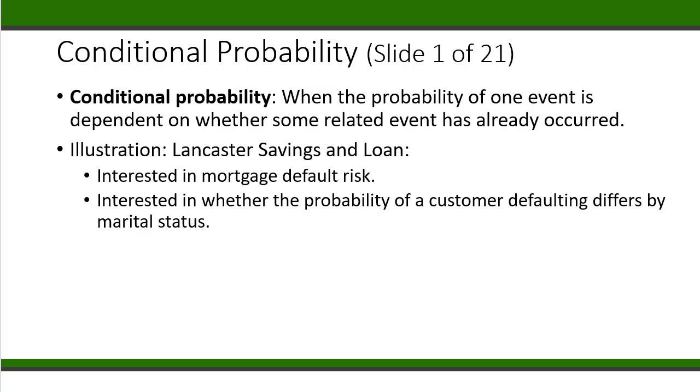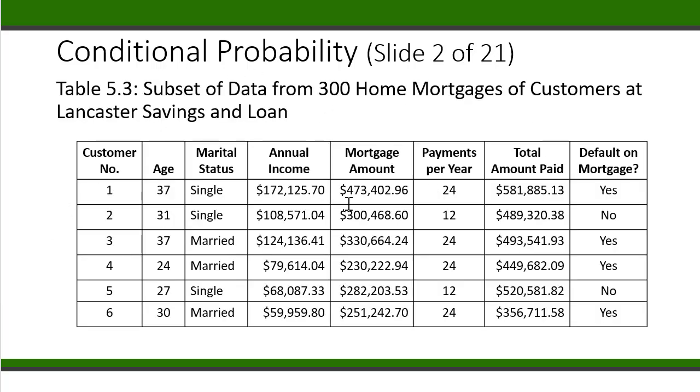The data file is called mortgage default data, and I'll make that available to you once we finish this lecture. When you open it up, it'll look similar to this one. There are about 300 home mortgages for customers in there, and it was historical data, so they tracked whether they defaulted on the mortgage or not and whether they were single or married.